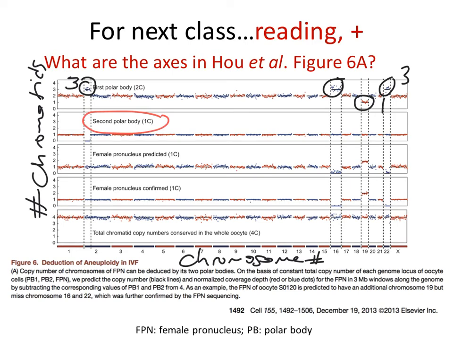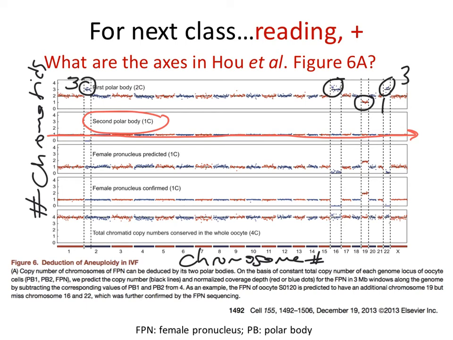They look at the second polar body. It's supposed to be haploid. Is it always haploid? 1 copy of DNA across the whole genome. The polar body is supposed to be haploid. It is haploid. Thanks for the thumbs up.